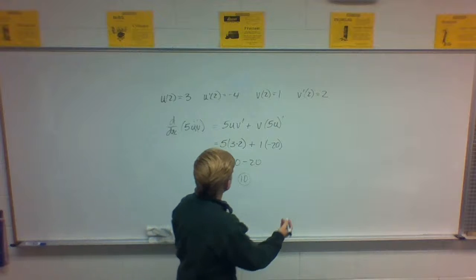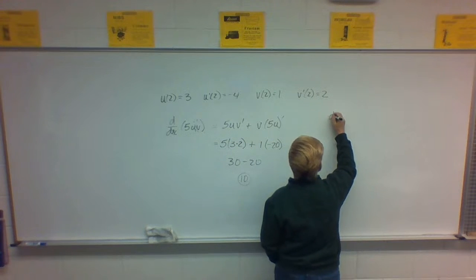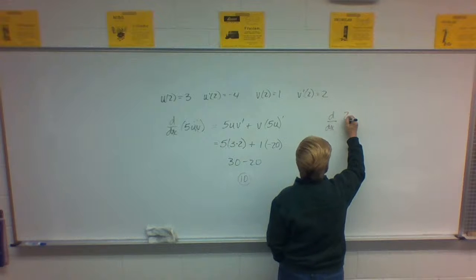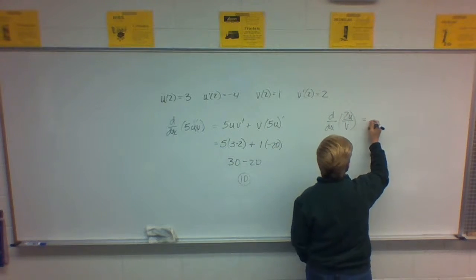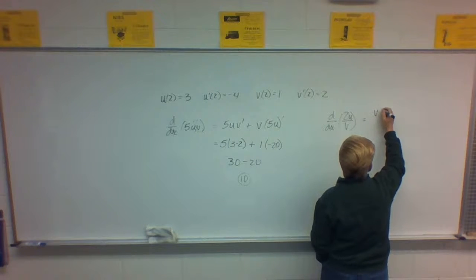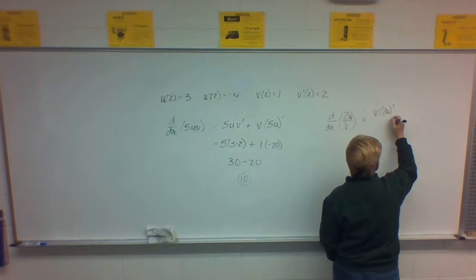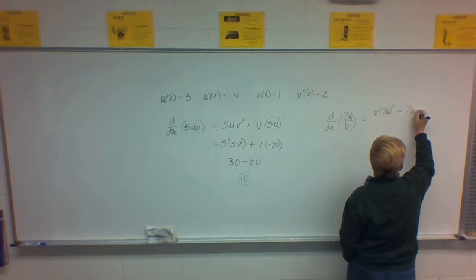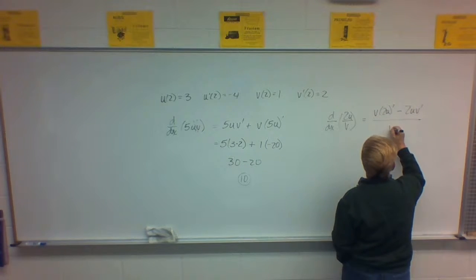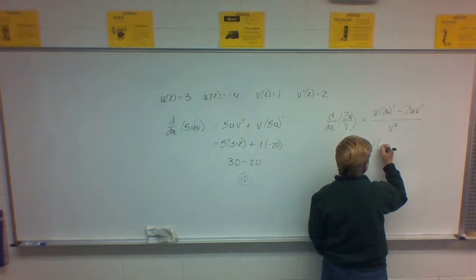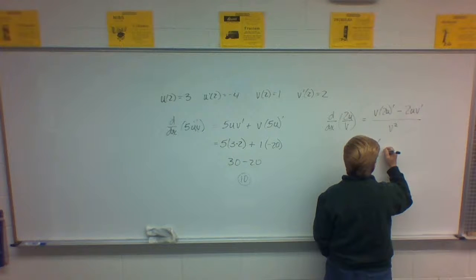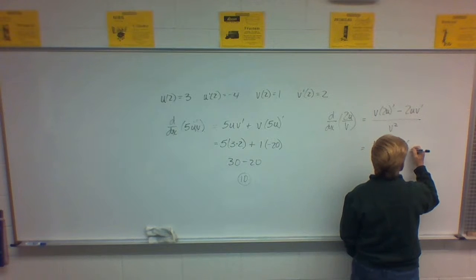Okay? Now, the B part might ask you to do something like this. Find the derivative with respect to x of 2u over v. And that would be bottom times the derivative of the top minus top times the derivative of the bottom, all over bottom squared. And when we plug that in, that would be what? What's v? What's u prime? It would be -8 when we plug it in. Minus 2 times 3 times 2, which is 6.